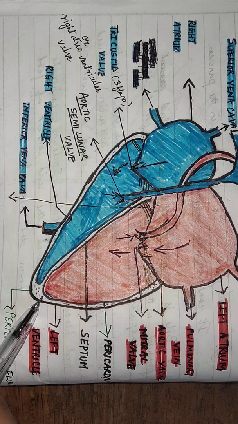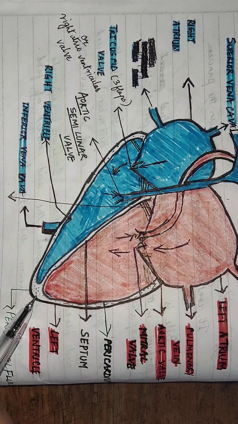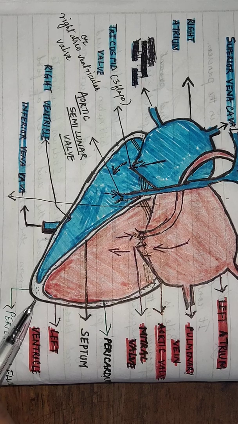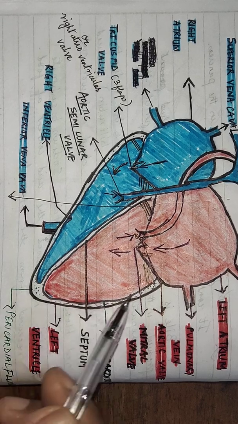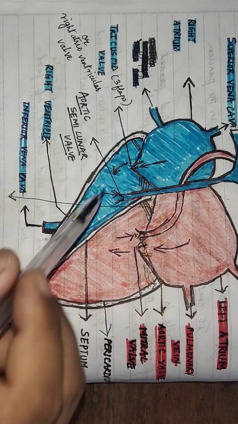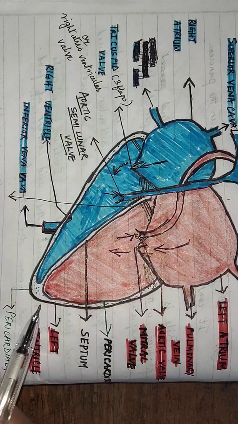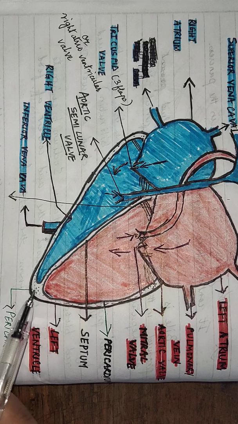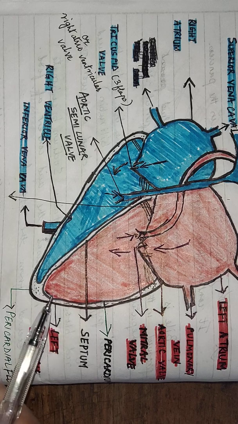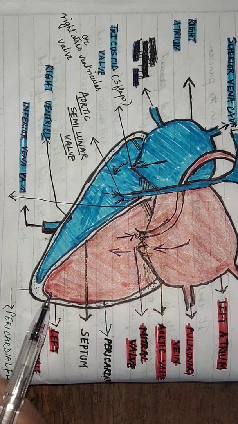To prevent any damage to the heart due to friction. The pericardial fluid between the layers helps to prevent damage to the heart due to friction.